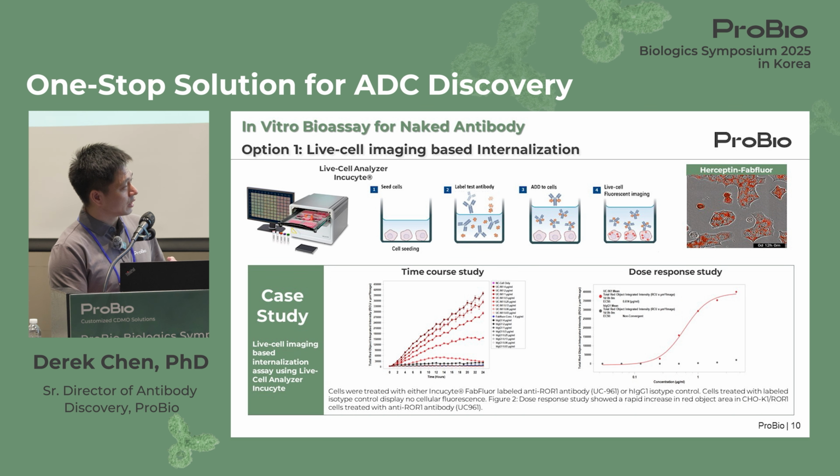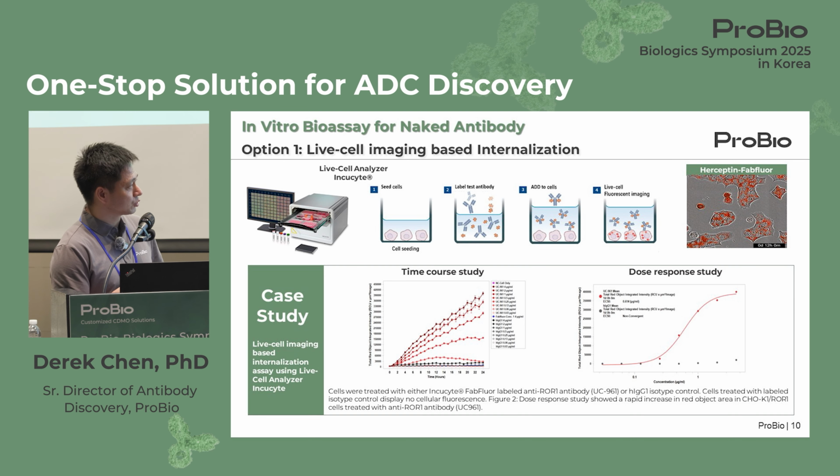The InCucyte will start to collect the fluorescence signals. The intensity of the fluorescence signals is proportional to the rate of internalization. So basically, this is how we determine the internalization based on the fluorescence signal intensities.